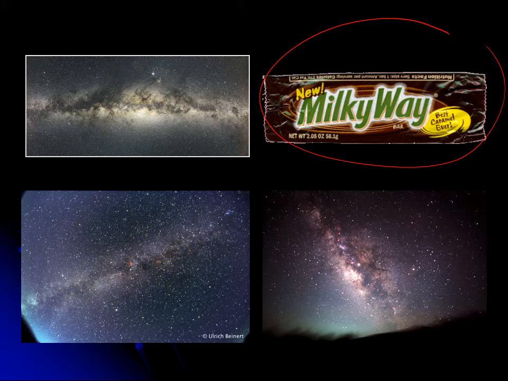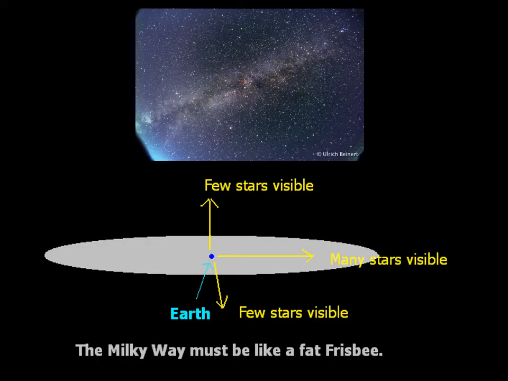Okay, so our galaxy is a faint milky band across the sky. It's not uniform. It's thicker in one part of the sky than another, and that led them to imagine it's a little bit asymmetric. One of the things we discovered, though, was that no matter what direction you look along the Milky Way, you saw about the same number of stars, and if you look in other directions, you see fewer stars.